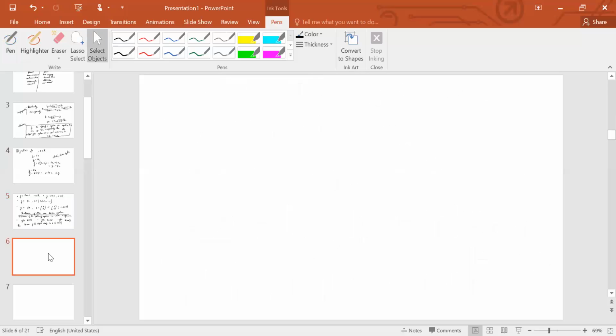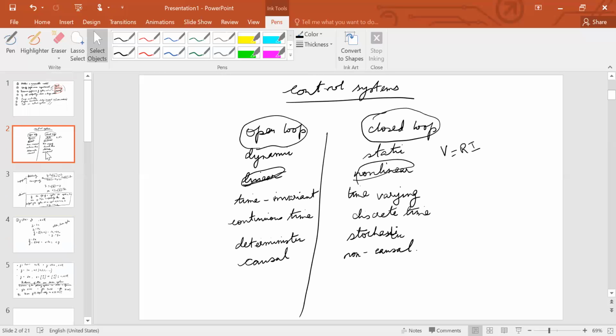So next we come to dynamic systems, and this is what we shall be concerned with for the rest of our course. Of course, we shall be considering both open loop and closed loop systems. We shall be focusing on dynamic systems, on linear systems.